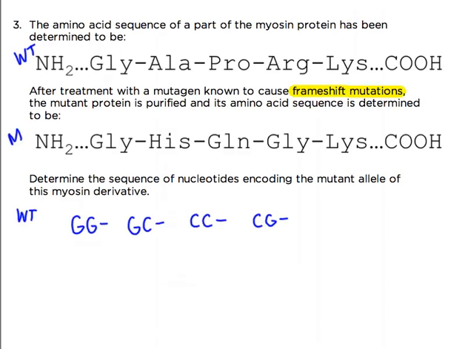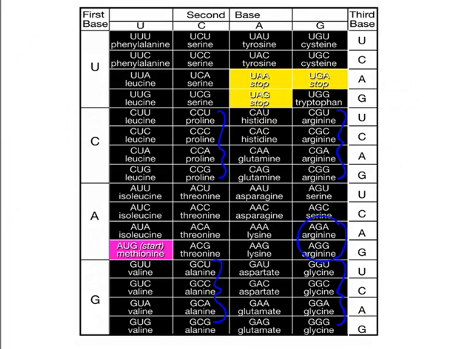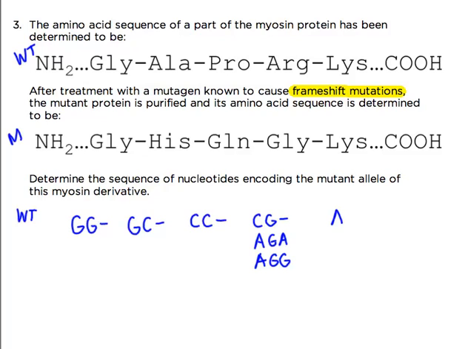So I'm going to write that right here, AGA, AGG. Okay, and then lysine. See, lysine. Okay, lysine's right here. So it's either AAA or AAG. Okay, so I know it's missing a lot, but once we compare it with the mutant sequence, we'll be able to fill this in, okay?